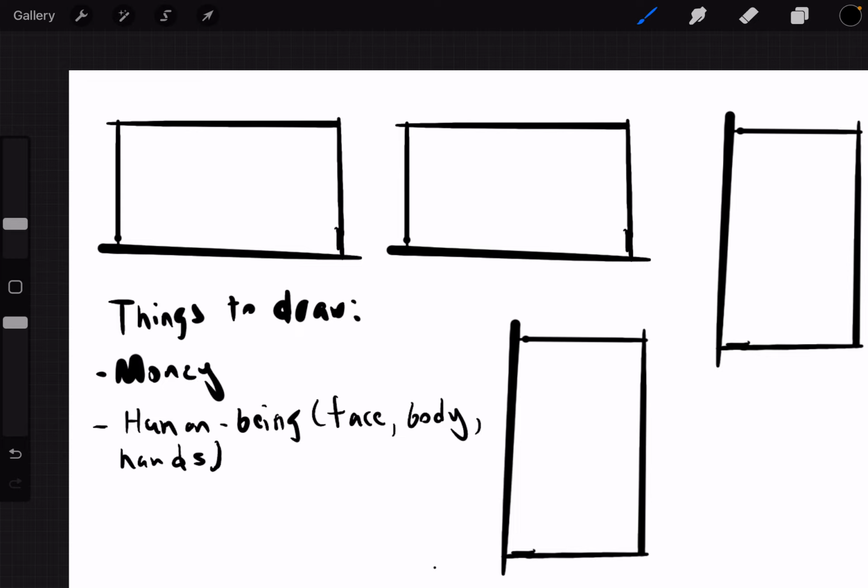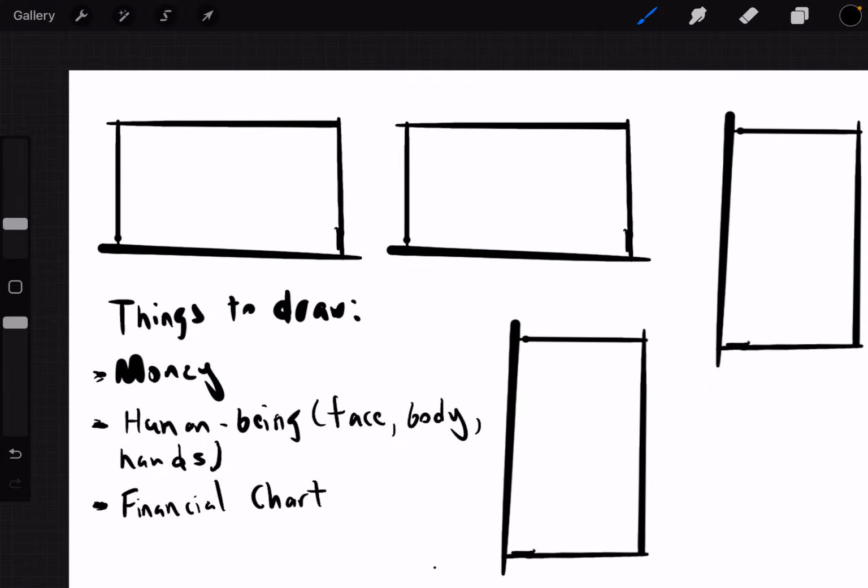So money, hands, and maybe incorporate a financial chart of some sort that represents growth or something. That'd be kind of neat to do in the drawing somewhere.